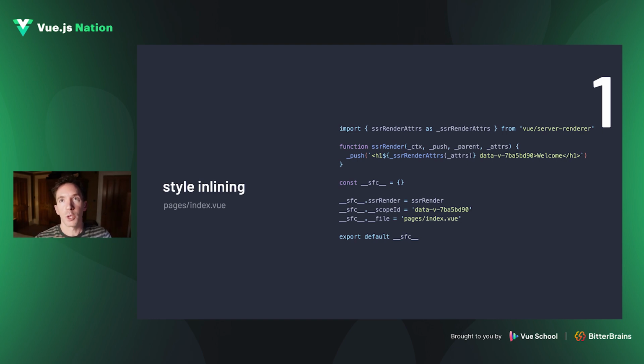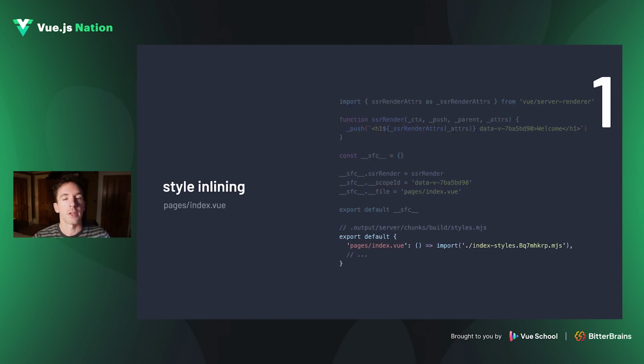So just before we're able to send the HTML back from the server to the client, we know every chunk, every file, every Vue component that has been rendered in that particular string of HTML, which means we can then take the styles associated with that single file component, and inline those as well.